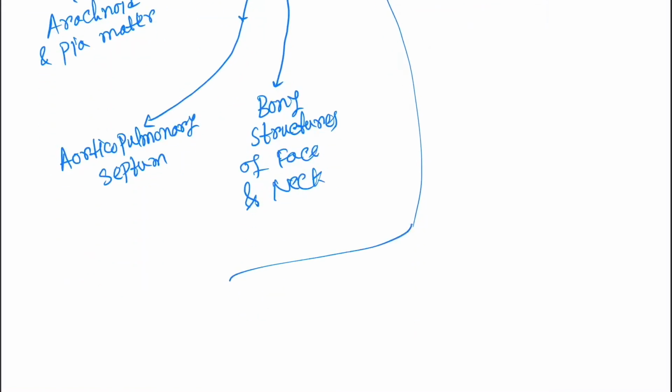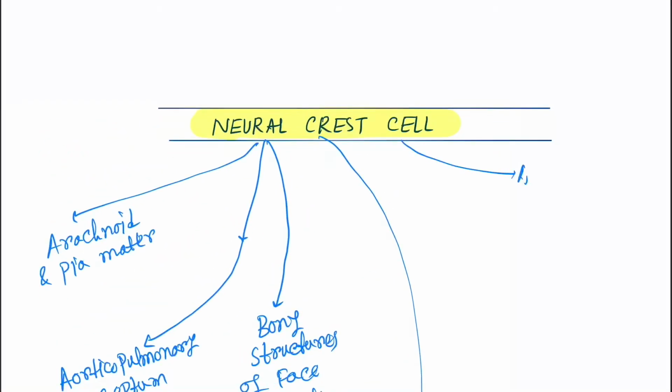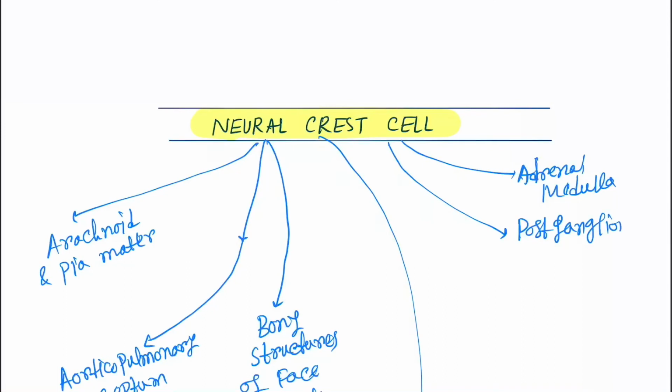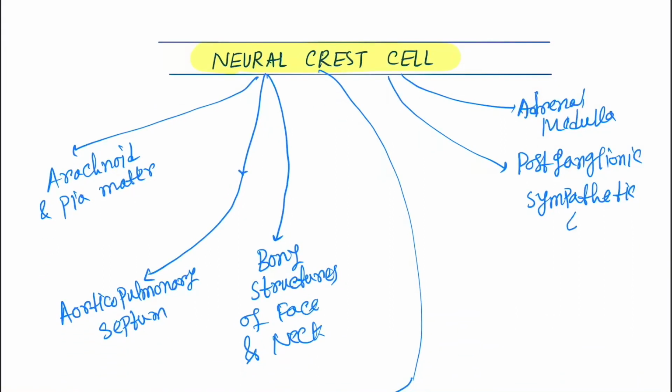Next it forms melanocytes, adrenal medulla, postganglionic sympathetic and parasympathetic neurons.